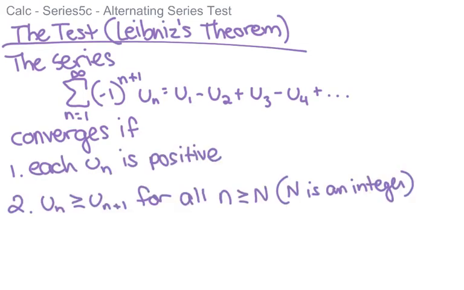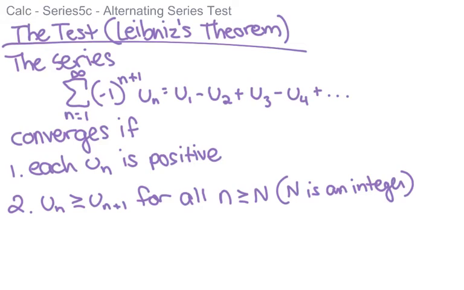Okay, then the second requirement is that u sub n, and it's a little bit tricky, not that much, but u sub n is greater than or equal to u sub n plus 1, meaning the next term, u sub n plus 1, is less than or equal to u sub n. And usually they're equal. Sometimes the first two terms could be equal, kind of like a Fibonacci sequence.